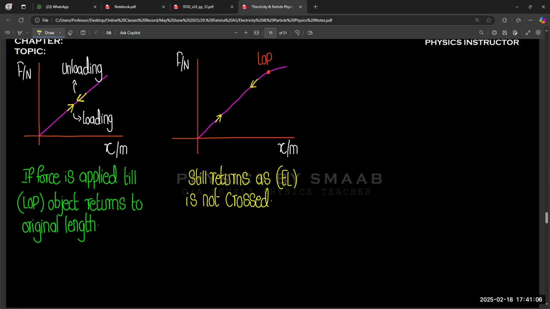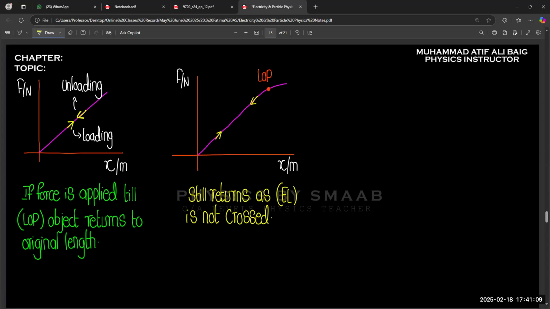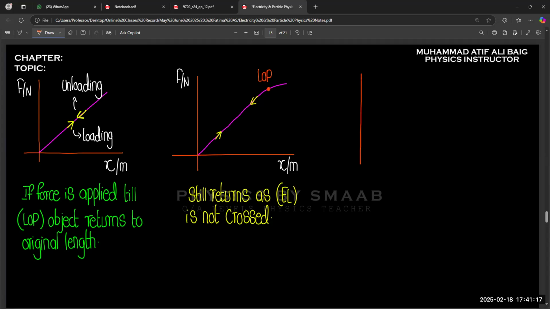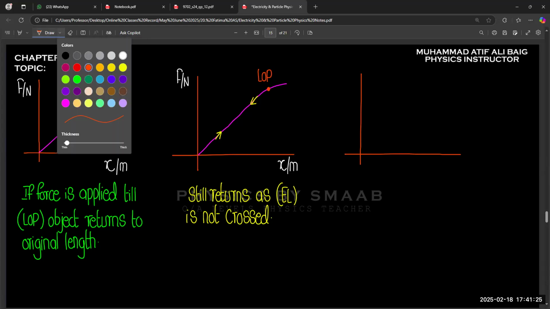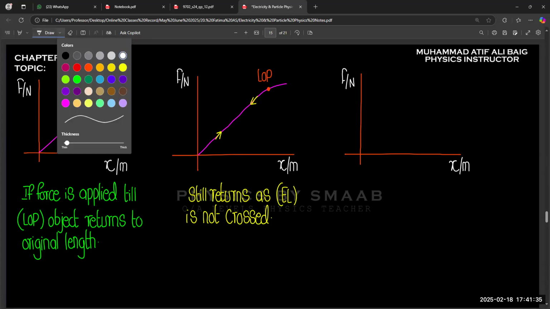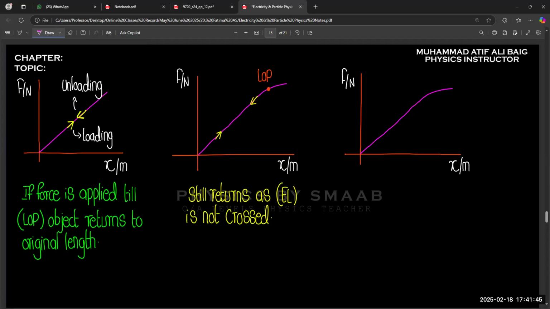And one more graphical representation in which we cross the elastic limit, or if we reach the elastic limit point in the spring. So let's see what happens then. Like this.